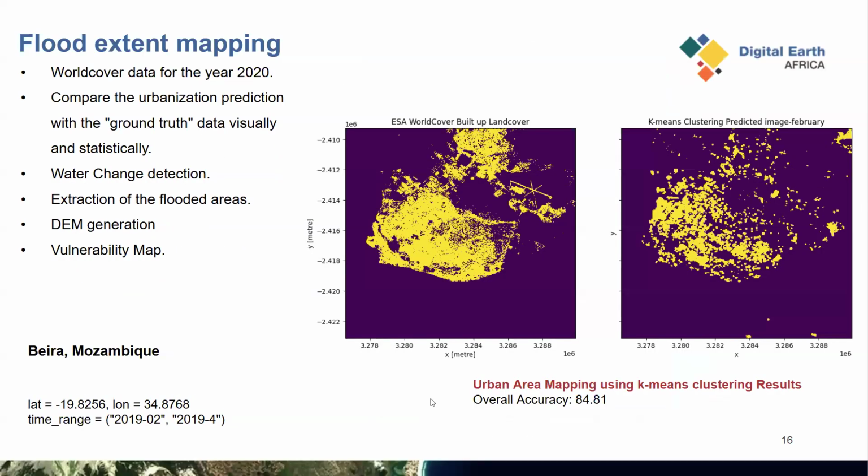Using the k-means clustering, we classified our data. In this case, we have our urban areas on the right using our k-means clustering and reflecting it with the ESA dataset. I'm pleased to report that our urban areas have been classified with an overall accuracy of 84%.